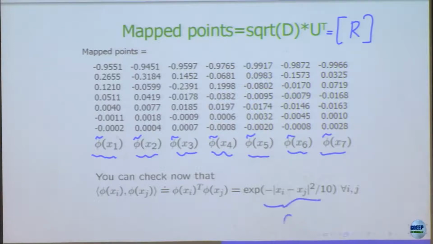So this was based on some phi, K(xi, xj), which was some real phi(xi) transpose phi(xj), whereas here I have some phi tilde computing the dot product. Yeah, you're saying the original phi. Yeah, okay, good point.